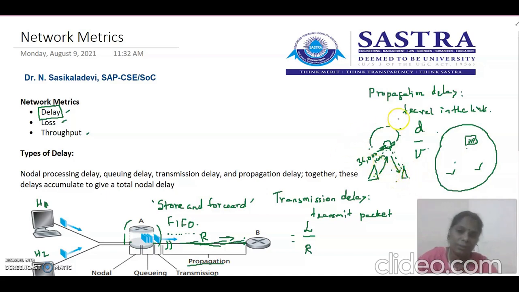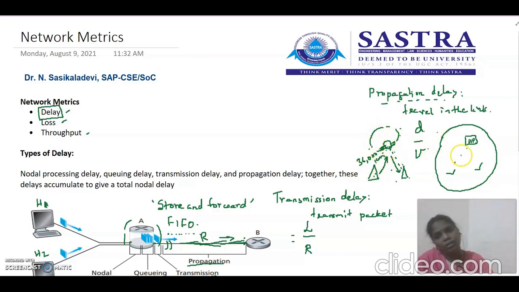So propagation delay plays an important role. If you take wireless communication, specifically satellite communication, the propagation delay will be very high because the distance is very high. Even though the velocity remains the same, because it passes through air, 2.0 into 10 power 8 meters per second, the propagation delay is very high for satellite communication.